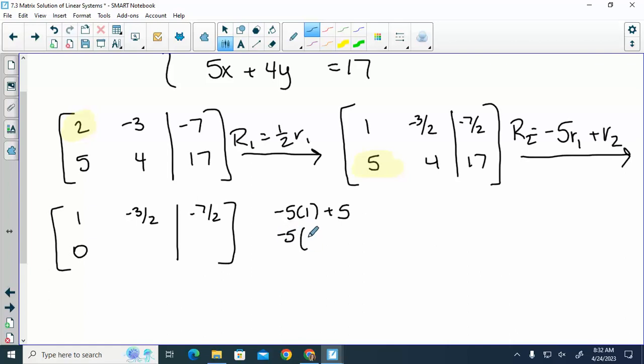Negative 5 times negative 3 halves plus 4. Get 23 over 2. Yes. Negative 5 times negative 7 halves plus 17.